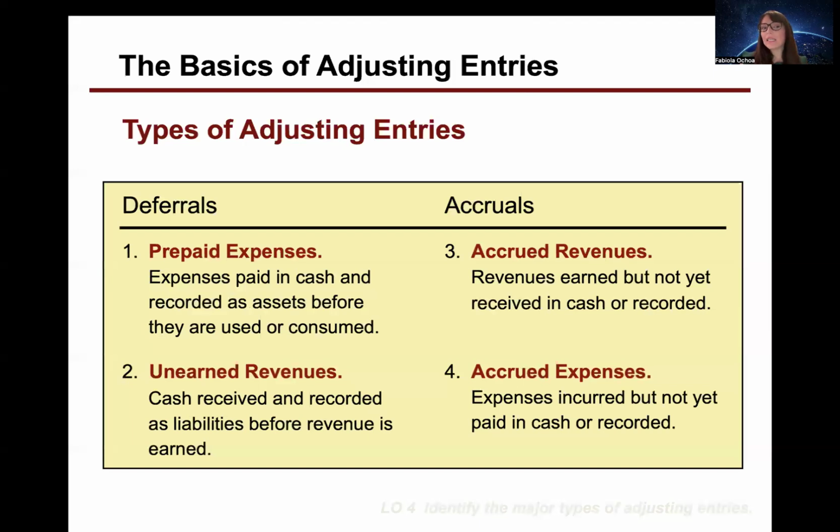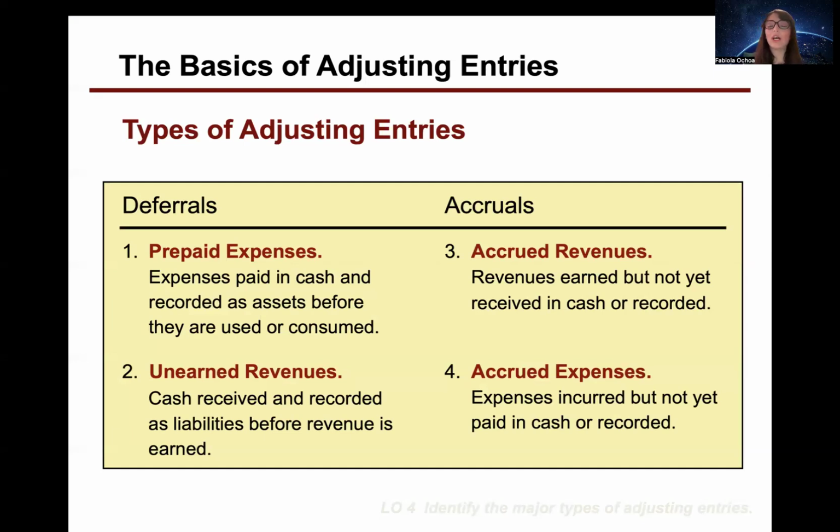Okay, so let's discuss the types of adjusting entries. We have deferrals. We have prepaid expenses, which are expenses paid in cash and recorded as assets before they are used or consumed. So if you prepaid something, while it is an expense, you have not yet accrued the expense. So it would then be considered an asset, and assets go on your balance sheet.